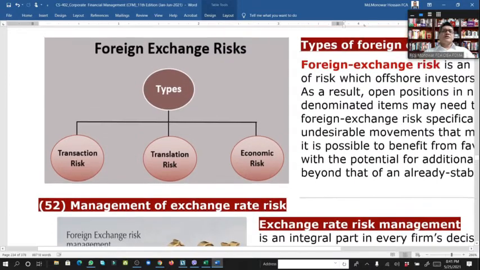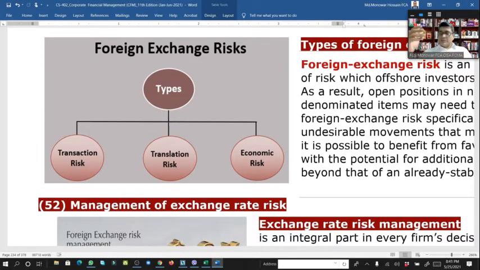For example, if you have a company in Singapore and also in Bangladesh, and your parent company is in Singapore, when you translate the Bangladeshi balance sheet or profit and loss account into Singapore dollars, the exchange rate has to be applied. Sometimes there is a beginning and a closing rate.